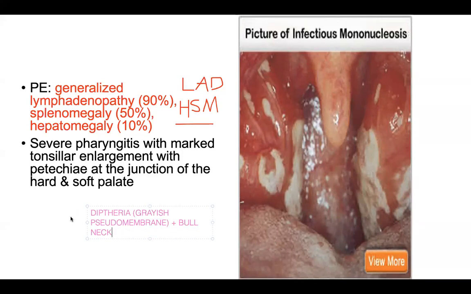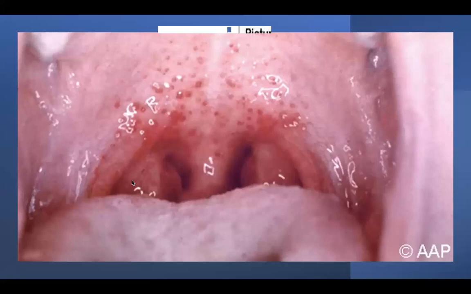So that's one of your close differentials there. That is for infectious mononucleosis. Now here, you have the pharyngitis, a difference from the previous picture, which had exudates.